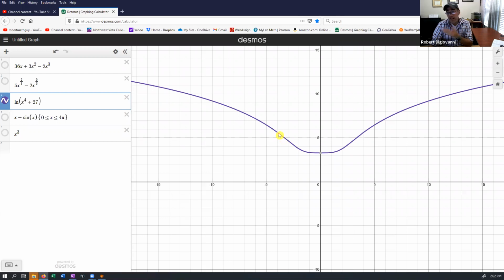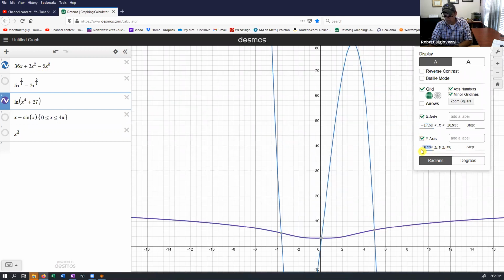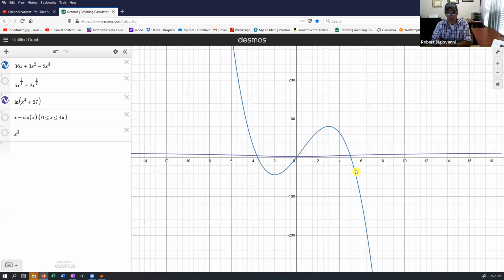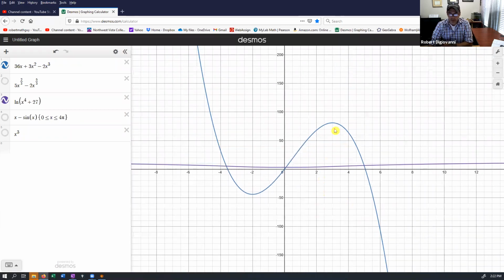You can try and you can guess, like if I go back to this function right here that we started class with. There's the polynomial we started class with, right? It's hard to figure out where inflections are occurring. It's hard to figure out where these points are occurring just by looking at the graph.